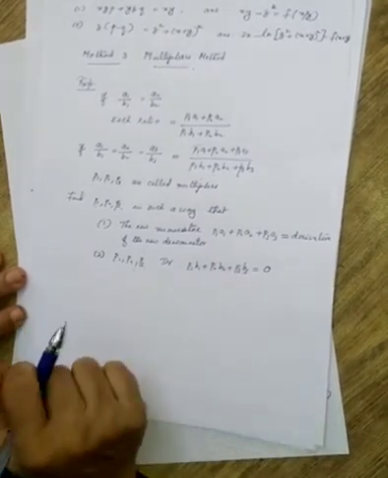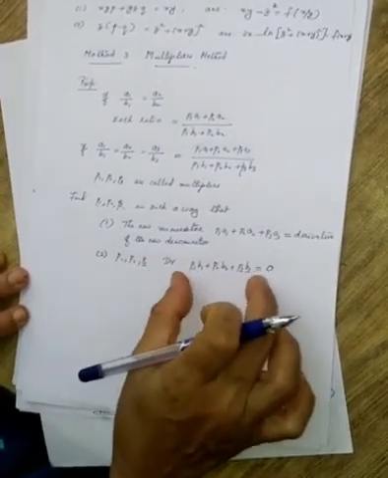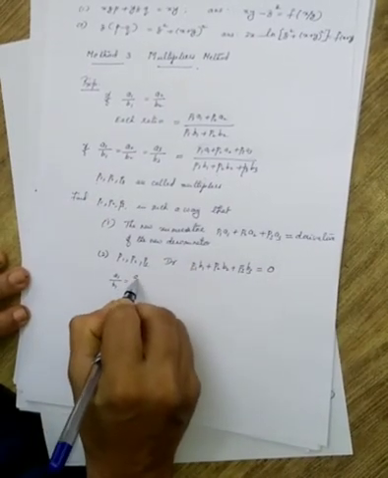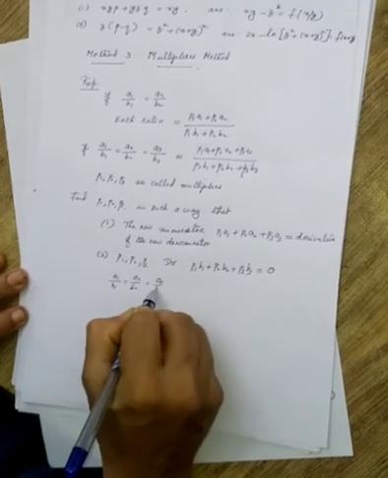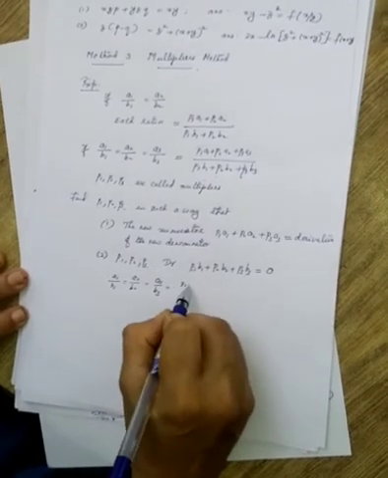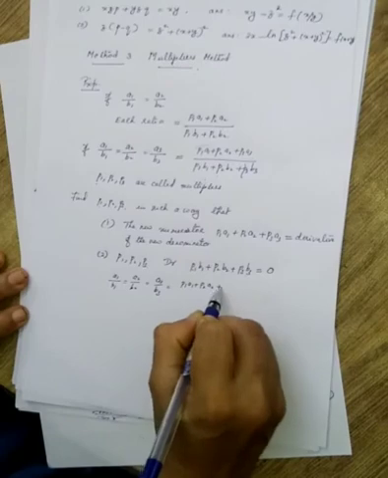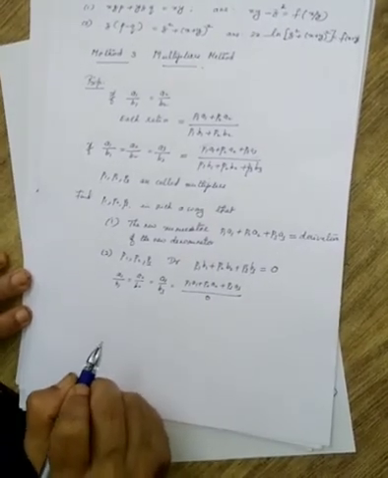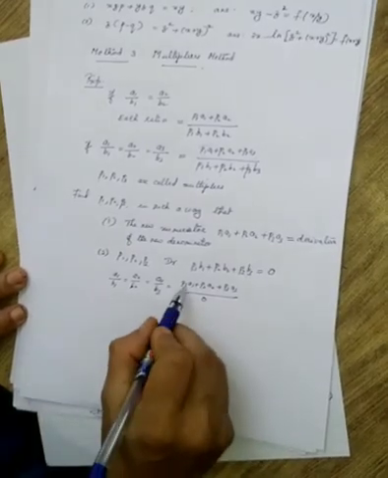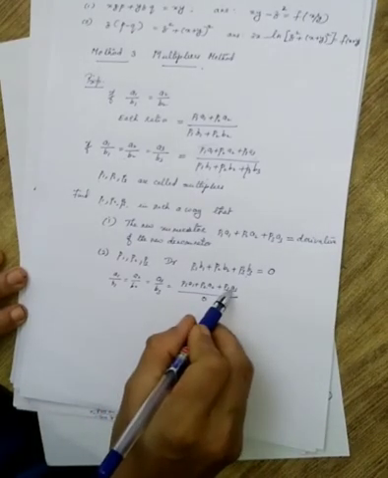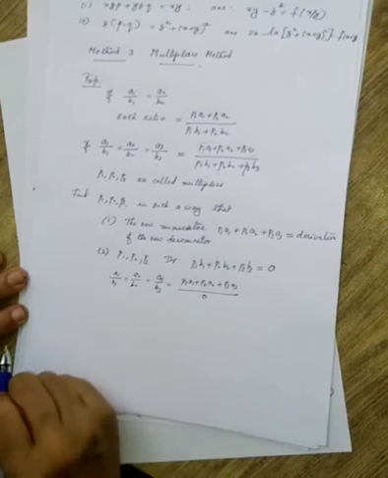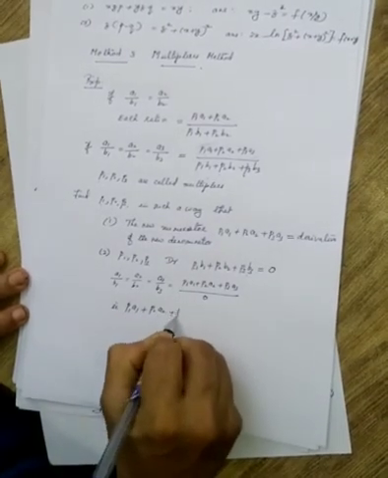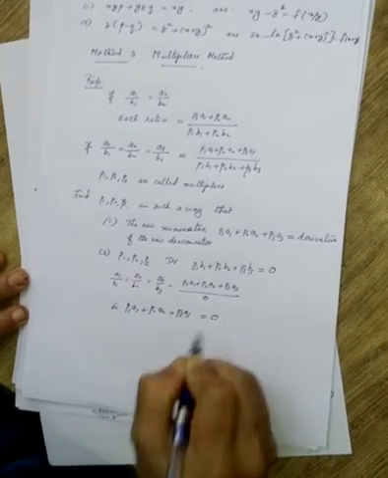The consequence of this condition is, we have a1 by b1 equal to a2 by b2 equal to a3 by b3 equal to p1 a1 plus p2 a2 plus p3 a3 by 0. So from this result we can see that p1 a1 plus p2 a2 plus p3 a3 is equal to 0 into any one of the ratios. That is equal to 0. That is p1 a1 plus p2 a2 plus p3 a3 equal to 0. That is what we get.